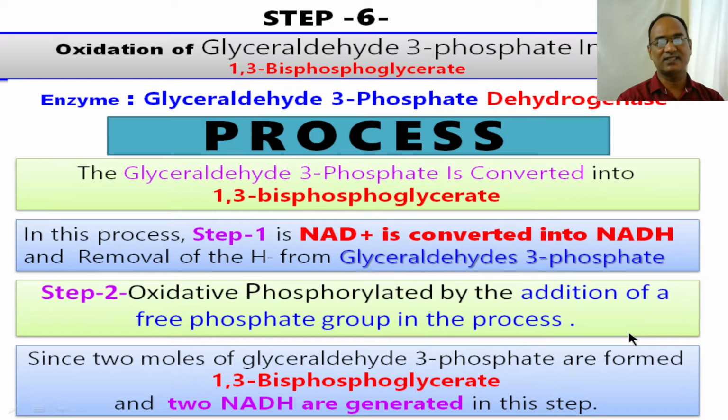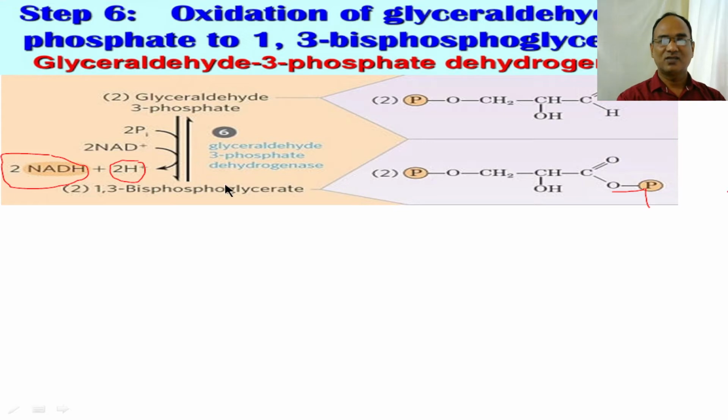Let us discuss the chemical bond. In this process we include one inorganic phosphate and produce 2 NADH. Glyceraldehyde 3-phosphate consists of only one phosphate.